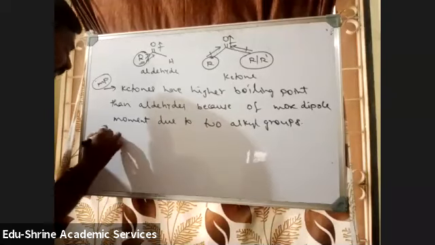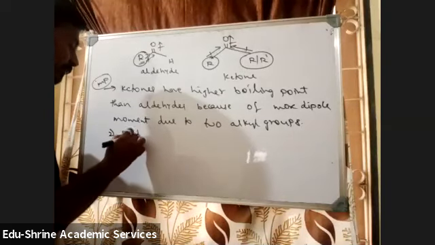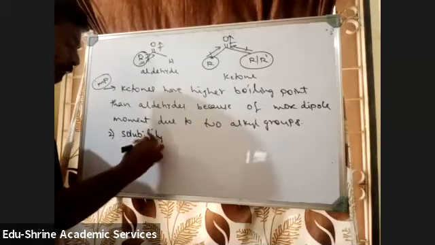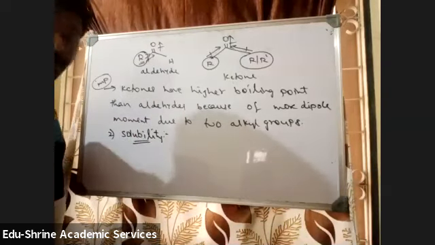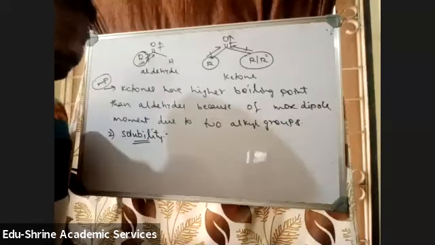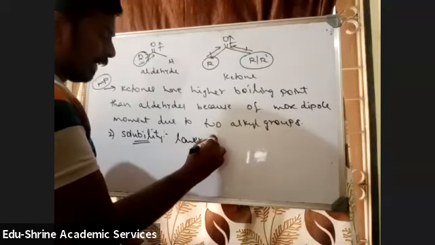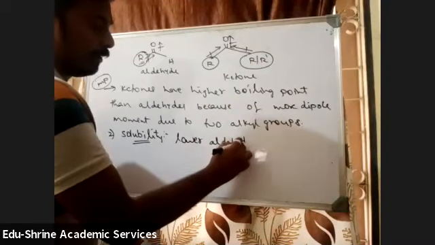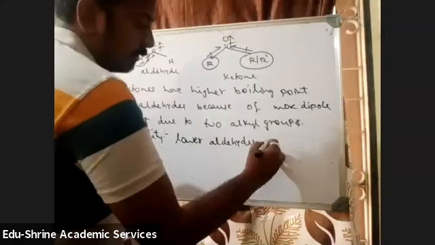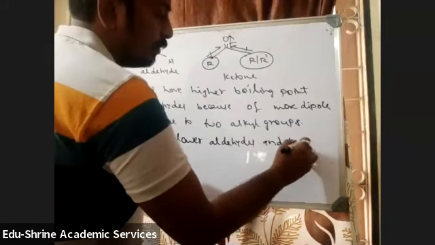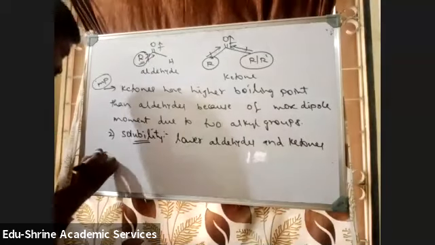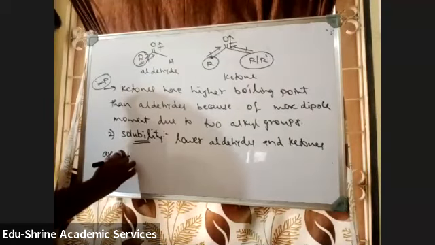Then coming to the second physical property, solubility. Second physical property is solubility. Lower aldehydes and ketones are soluble in water.